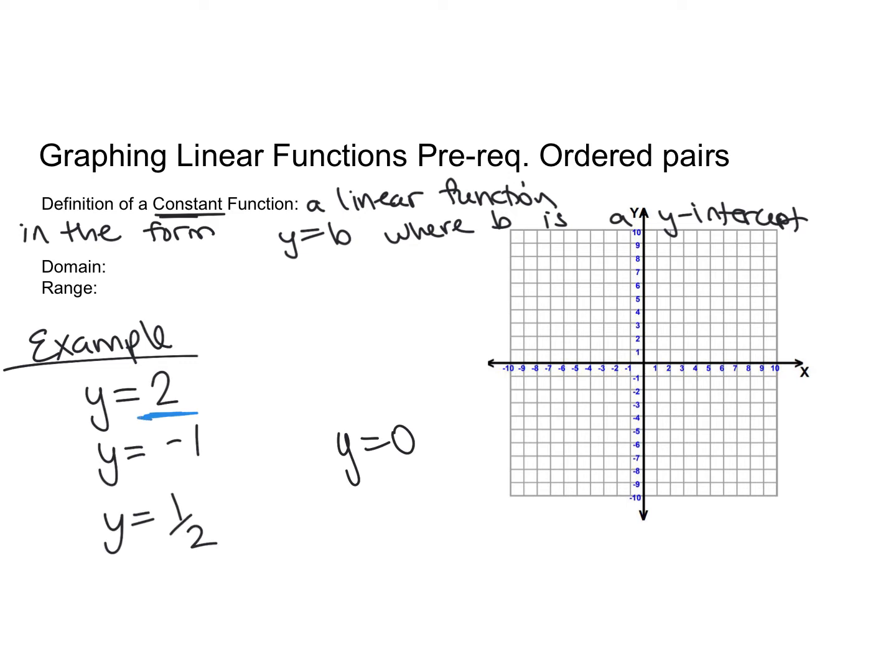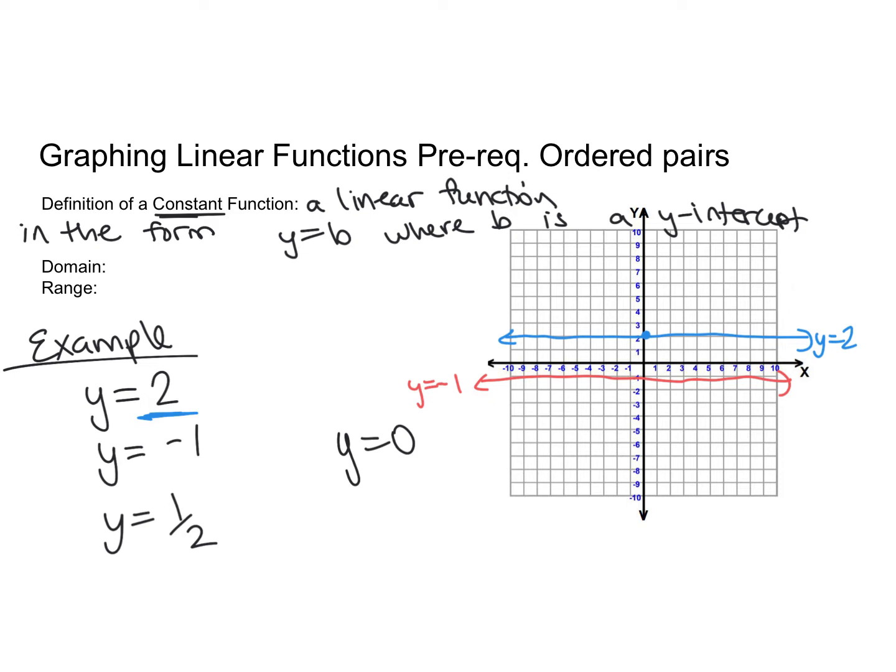So if I was going to graph y equals 2, it would look like this. And so it'd just be a horizontal line. So constant functions are really easy to graph. They are just a horizontal line at wherever that value is. So in this case, that would be y equals 2. And if I was trying to graph y equals -1, I'll do this in red, that would just be down here, and that would be y equals -1.